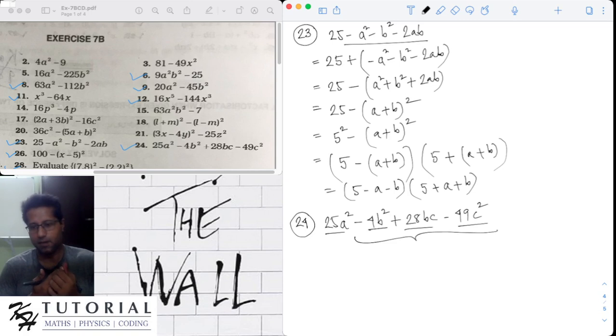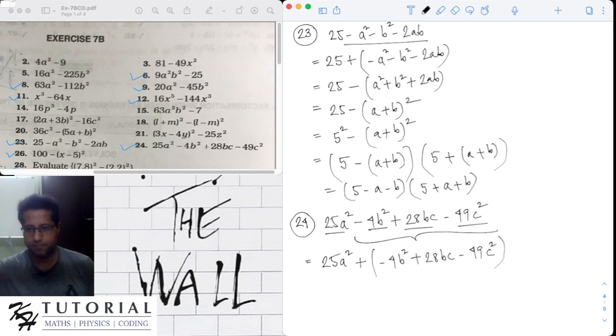So probably they can be merged, simplified or expressed as some square, either a minus b whole square or a plus b whole square. So let's see. So I have 25a square. Now let's put them inside a bracket. So I have minus 4b square plus 28bc minus 49c square.